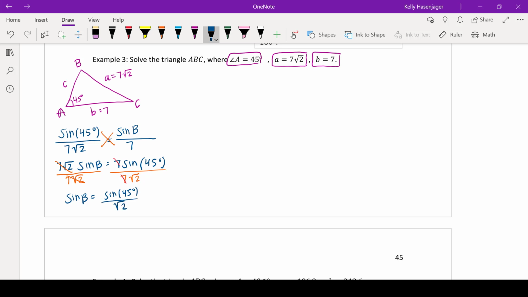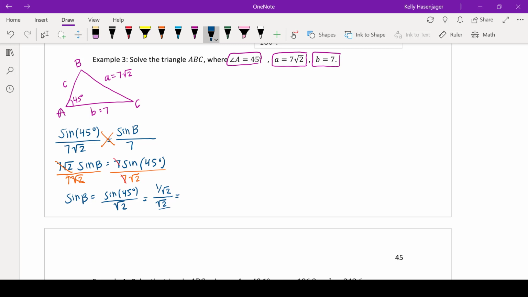over root 2. And sine of 45 degrees is something we know from the unit circle. We could think of it as root 2 over 2 or 1 over root 2. In this case, I'm just going to use 1 over root 2. Either one would work. If we simplify, this is a fraction on top of a fraction.